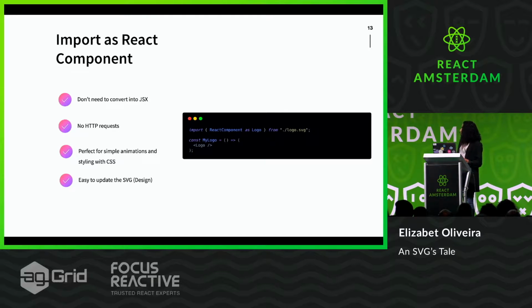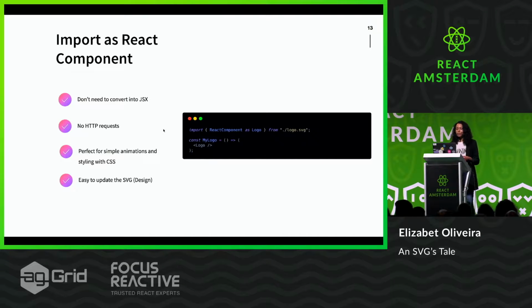If you use something like Create React App, or some kind of Webpack loader, you just import it as a React component, in this case Logo, and then you have the component right there. You can't see all the SVG tags in the code, but if you inspect in the browser, they will be there.